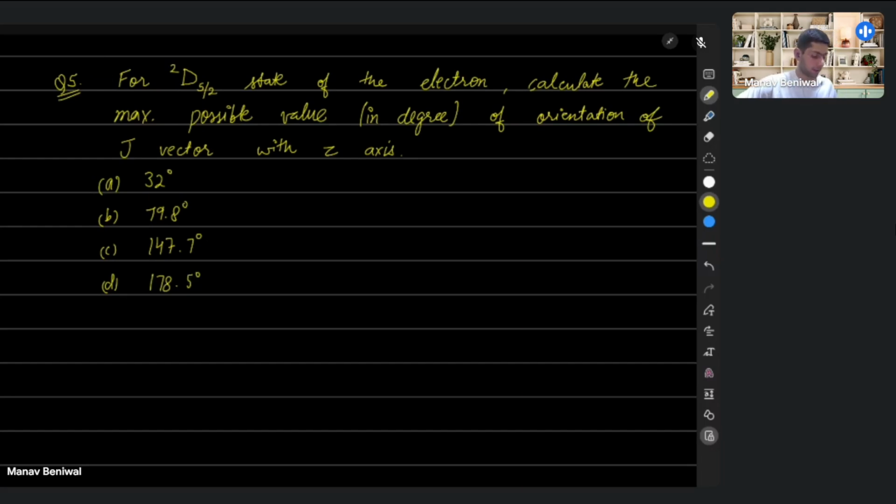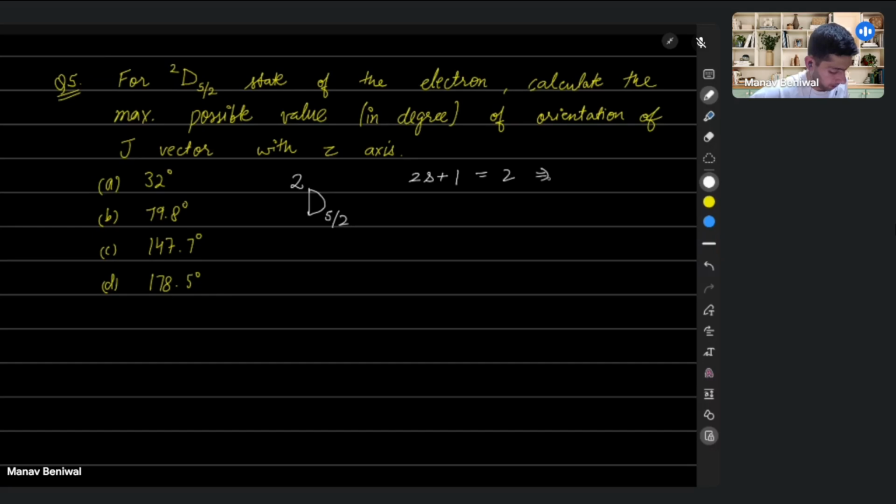So we are given one state, and what is the state? The state is 2D 5 over 2. So what does this 2 mean? This 2 is written as 2s plus 1, and this is equal to 2.